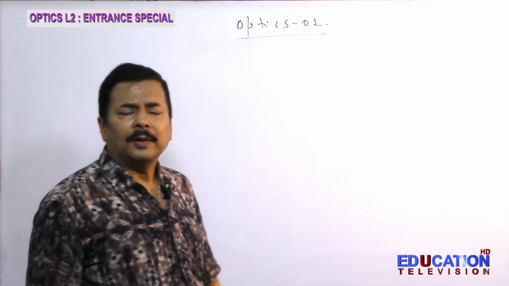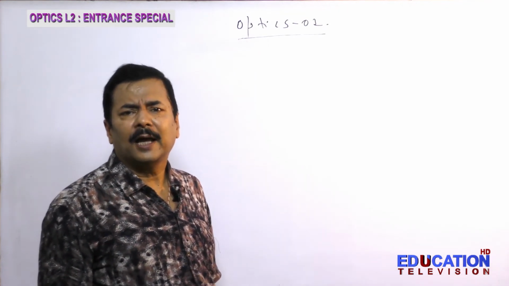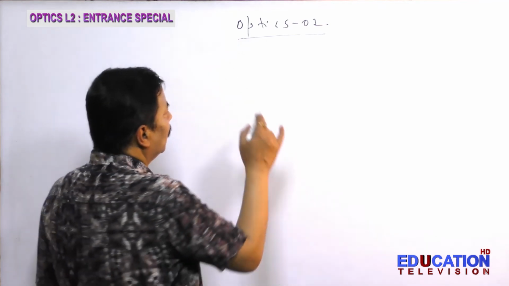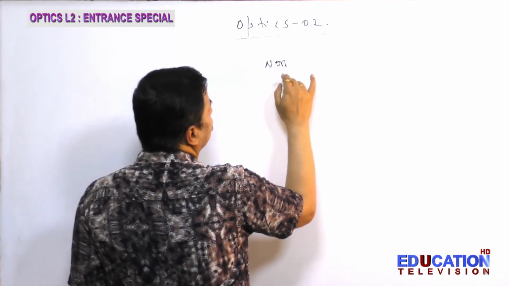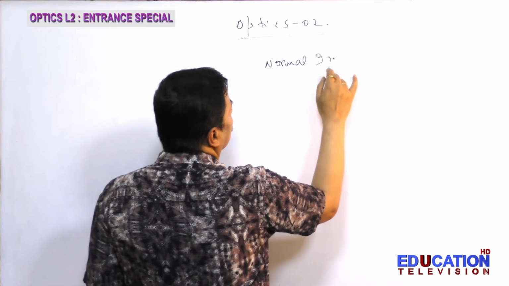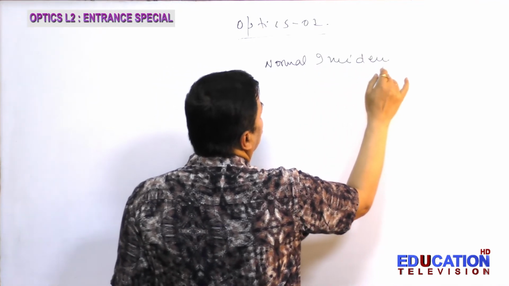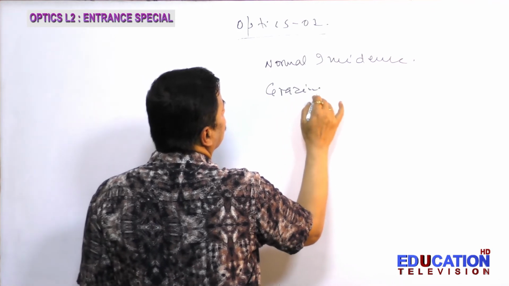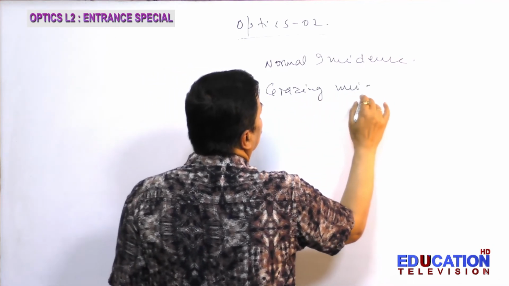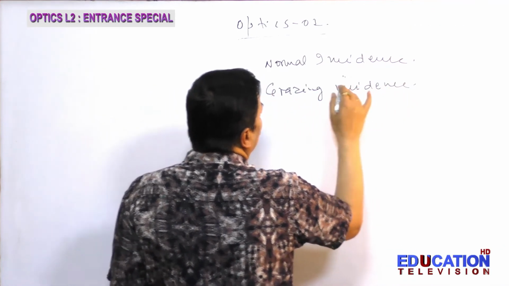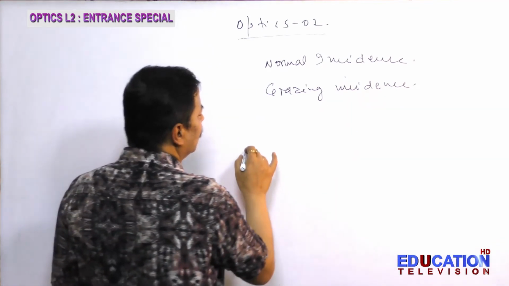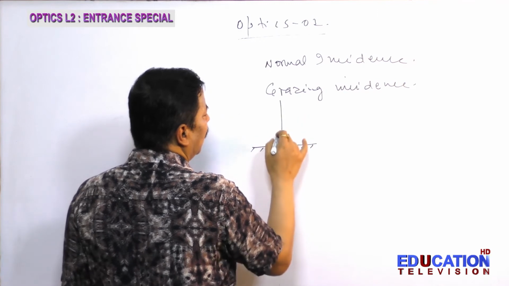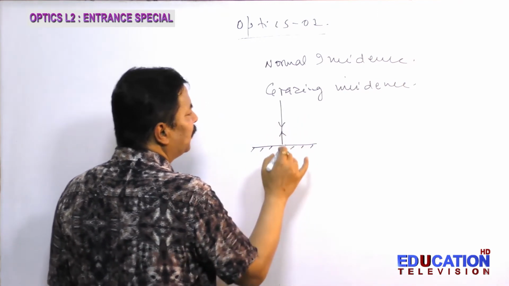Now a very important concept is there: normal incidence and grazing incidence. In normal incidence, if this is the reflecting surface, the ray will come and it will retrace its path.